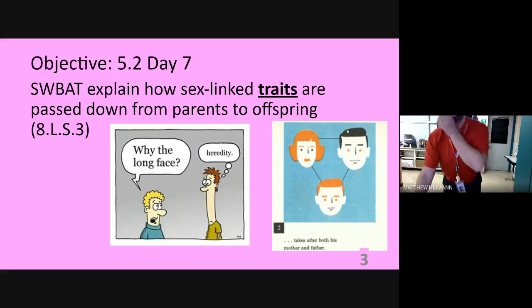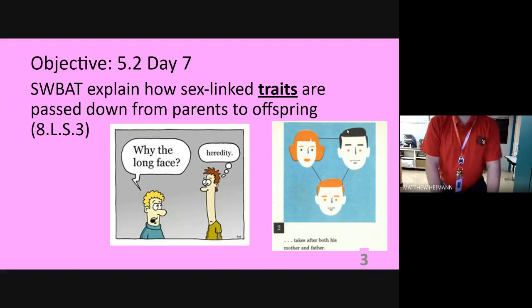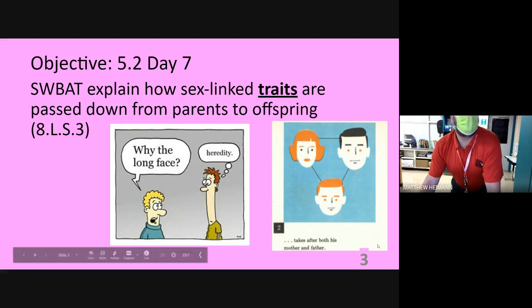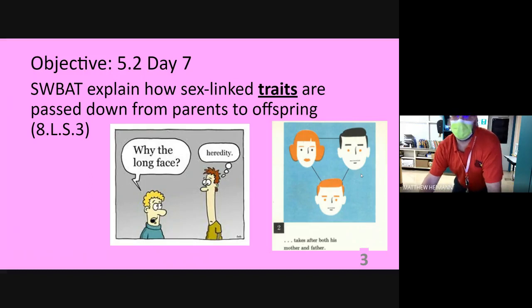Like father, like son. It does seem like boys often look more like their father and girls look more like their mother, but not always. Sometimes it's opposite.